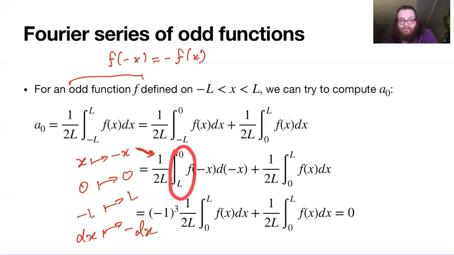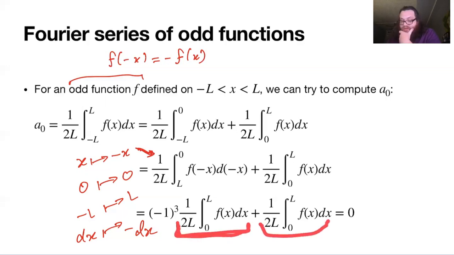Otherwise, if we want to flip the bounds of this integral, so that instead of from L to 0 it's from 0 to L, we flip the bounds and pick up another negative. After we do this change of variables and make everything look nicer, in the end we've picked up 3 negative 1s. Negative 1 cubed is negative 1. But this piece is exactly the same as this piece. So using the fact that f is an odd function, if we compute this constant term a naught, you're going to get minus this integral plus this integral. So they cancel out and you get 0.